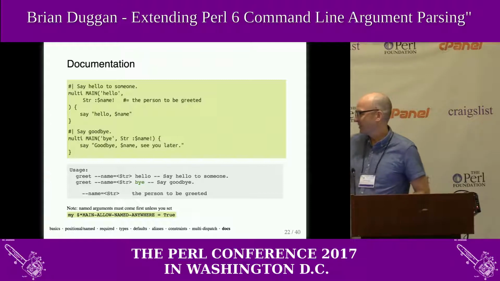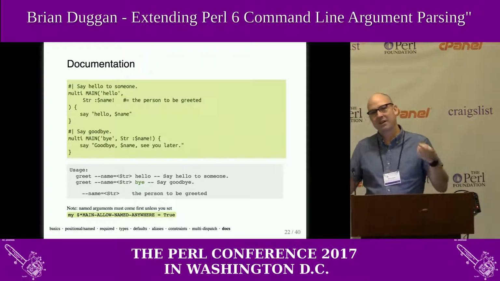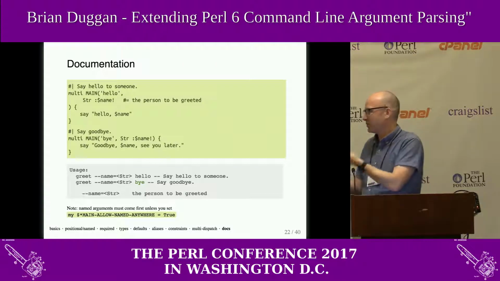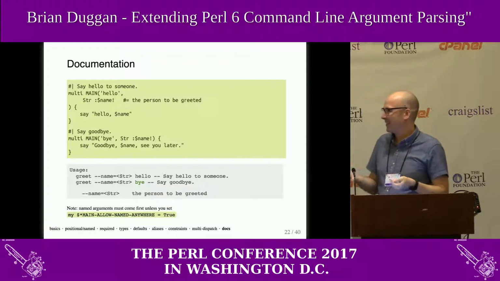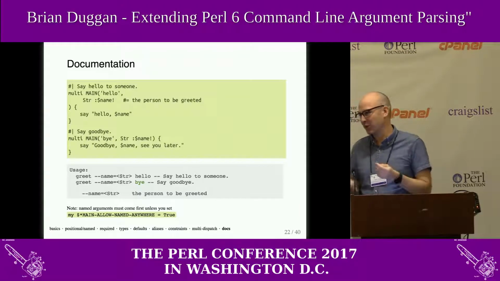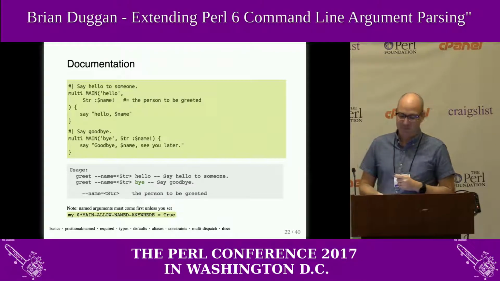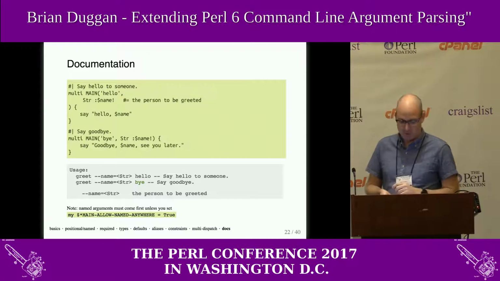So then the usage intelligently looks through this and says, oh, okay, this comment is attached to this main, so I'm going to print that out as the documentation. And then also, I see you have this comment attached to this argument, so I'm going to print that out as documentation for the argument. So you get a lot of stuff built in already for your metaprogramming.